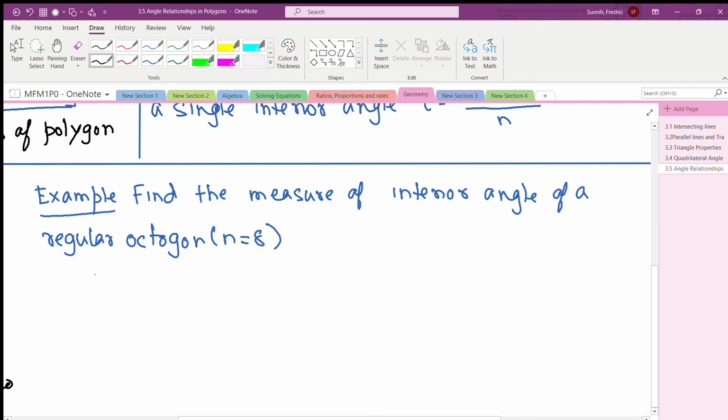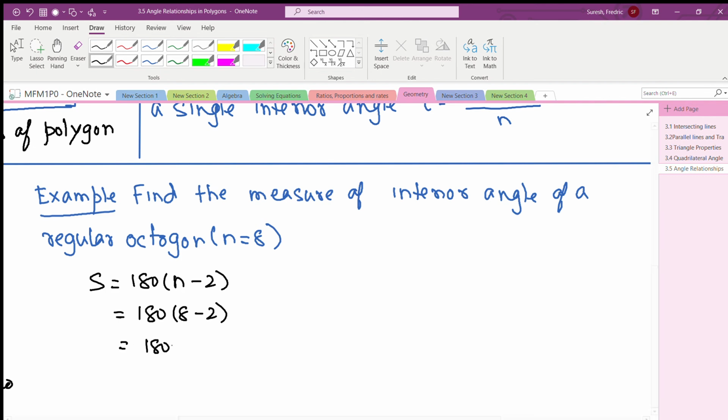We can first calculate the sum of the angles, which would be given by this formula, 180 times 8 minus 2, so that is 180 times 6, and 180 times 6 is 1080. So this is the sum of all the angles.